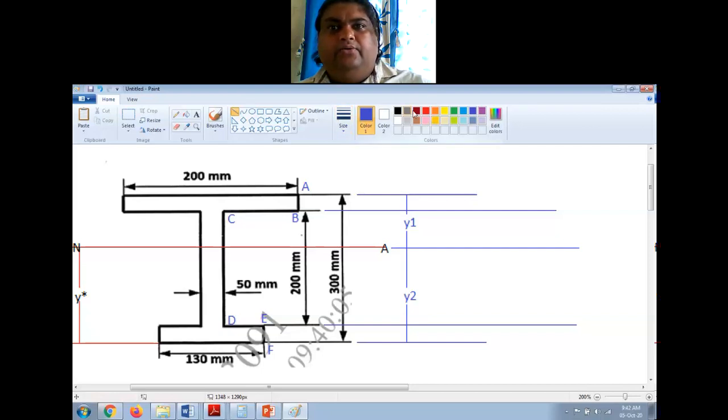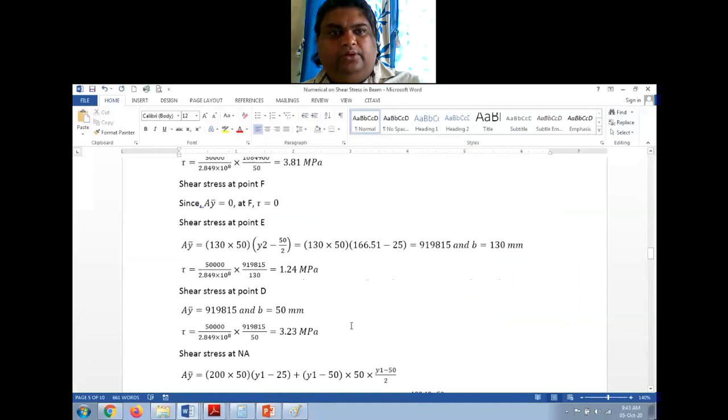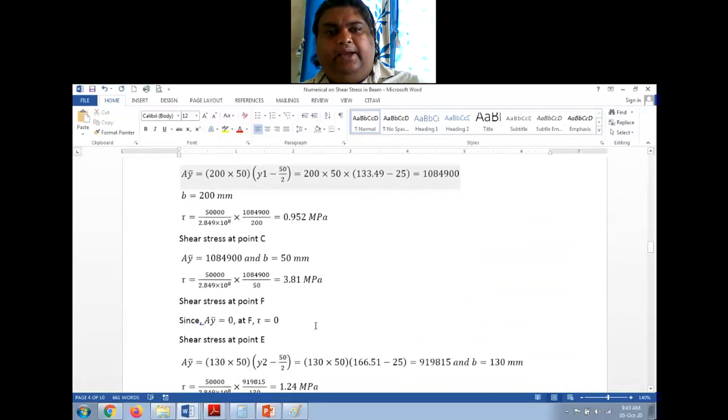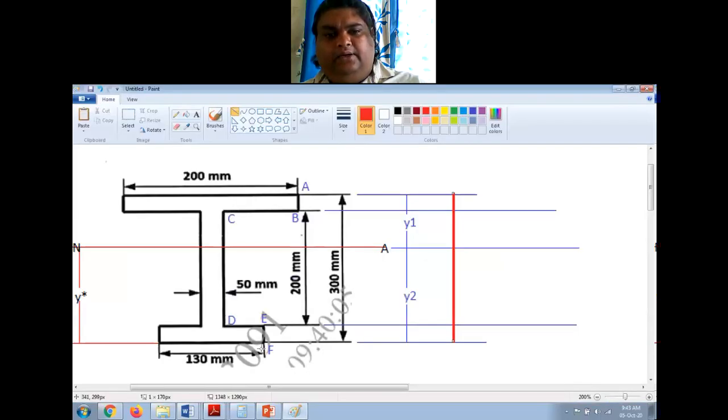Okay. Now I will use red color again and thicker line. This is my reference. Okay. So let me go to the top. At A and F, shear stress is 0, so no need to do anything.